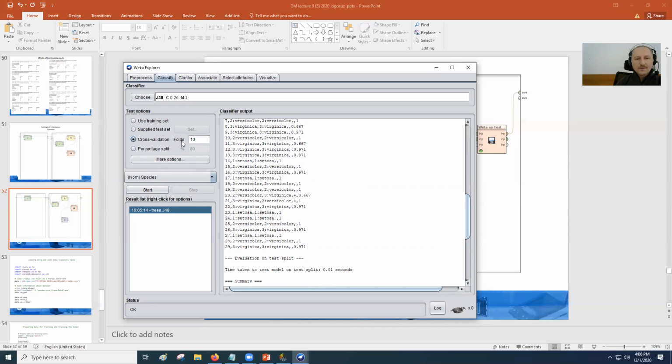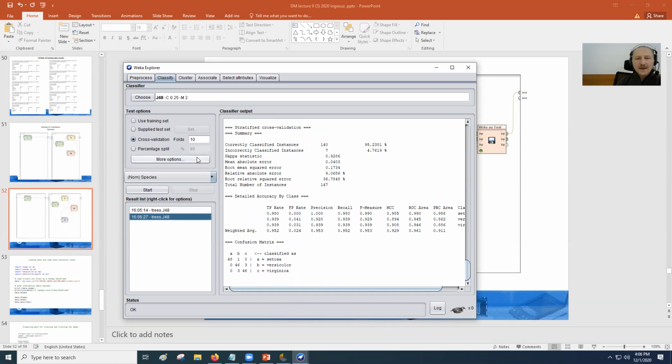Yes, 10-fold. This means dividing your data into 10 parts and repeating the testing process 10 times, then summing all the test reports and dividing by 10 to get the average, and then reporting it. When you start, according to the 10-fold cross-validation, the accuracy of our model is 95%.